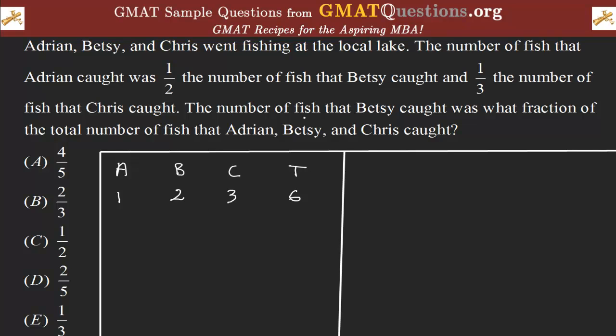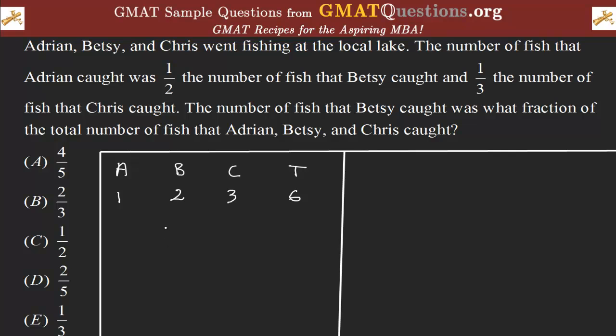Now the question is, Betsy caught what fraction of the total number of fish that everybody caught? Okay? So the total ratio is 6, and the ratio corresponding to Betsy is 2.